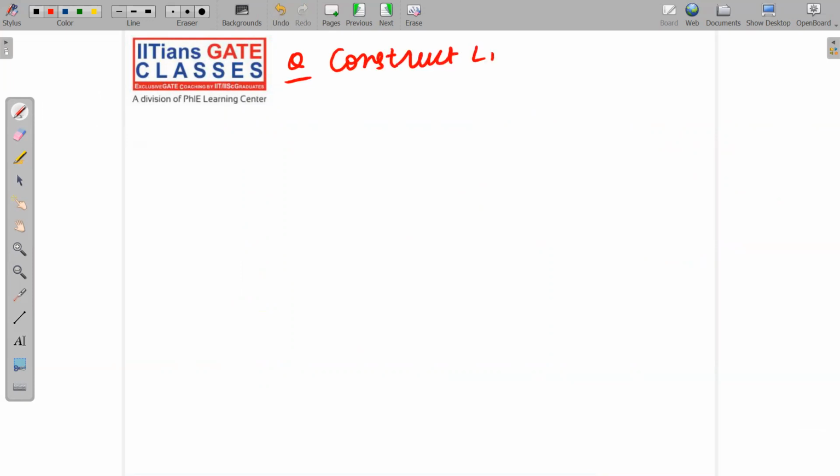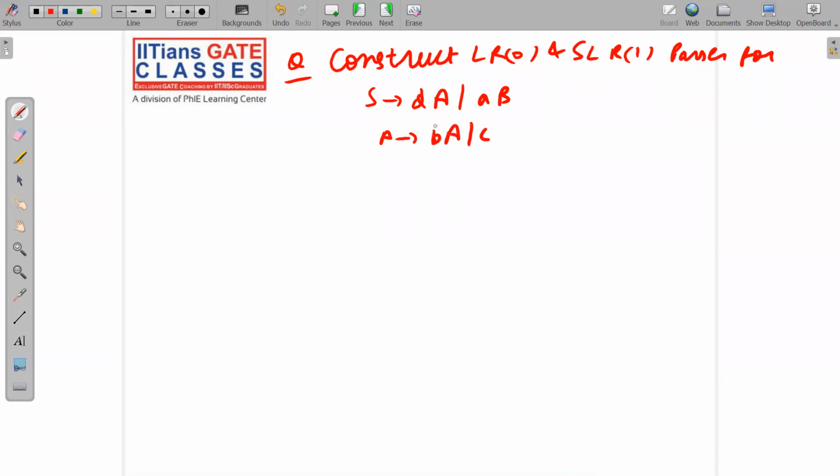Construct LR0 and SLR1 parser for S goes to BA, AB; A goes to BA or C; B goes to BB or C. So this is our grammar, and for this grammar we are going to construct the LR0 and SLR1 parser.